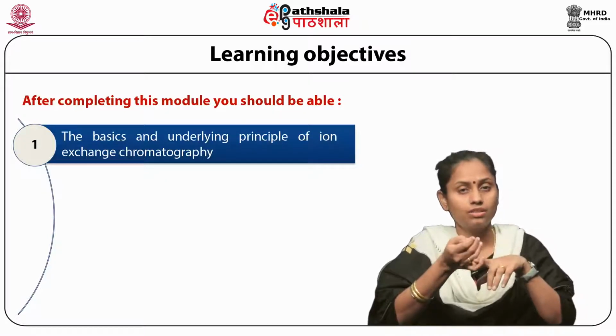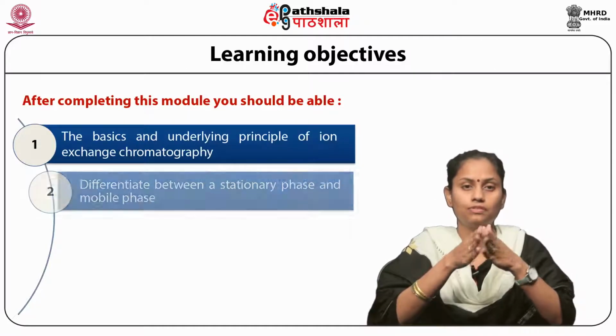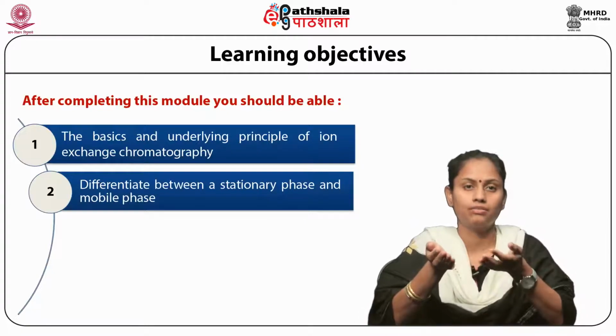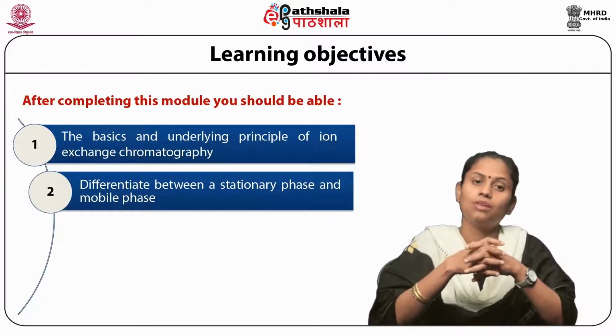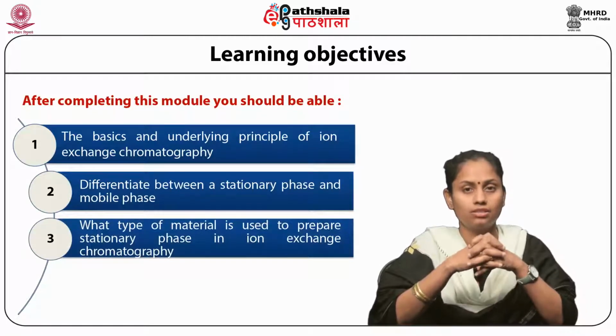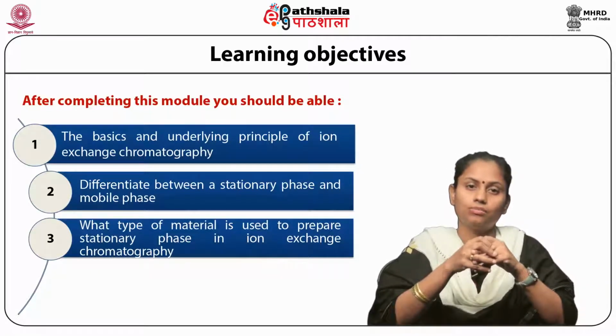The second objective is that the students will be able to differentiate between a stationary phase and a mobile phase. The students will also know what type of material is used to prepare the stationary phase in ion exchange chromatography.